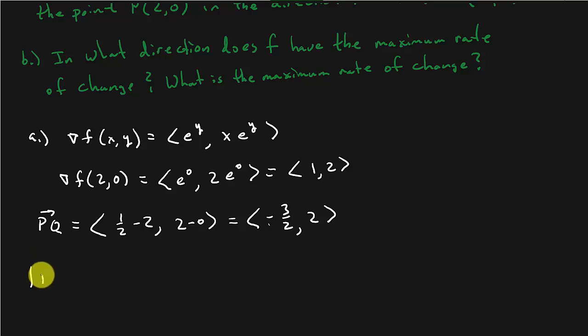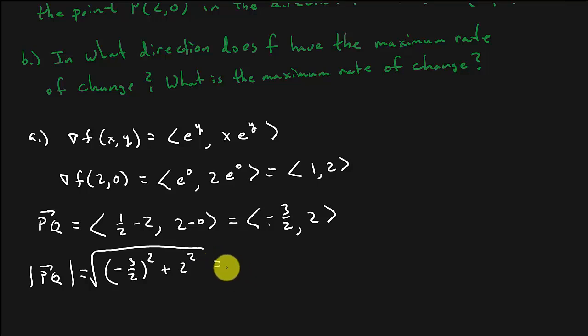So we can find the magnitude of PQ, which is the square root of (-3/2) squared plus 2 squared. That is the square root of 9/4 plus 4, which is the square root of 25/4, which is 5/2.